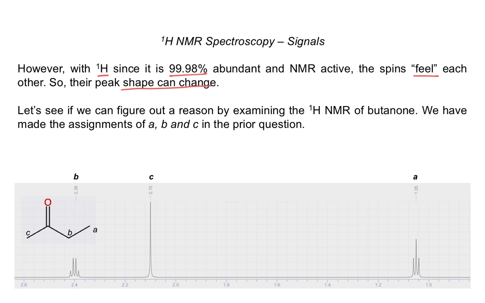So I've labeled this: A is the methyl group, CH3. B is the methylene, CH2. And then C is the other methyl group. And so, again, that's a ratio of 3 to 3 to 2. That's what you can do visually in terms of the uniqueness.